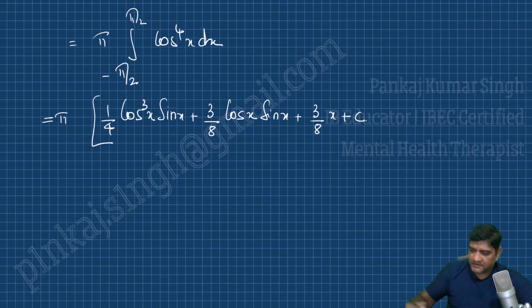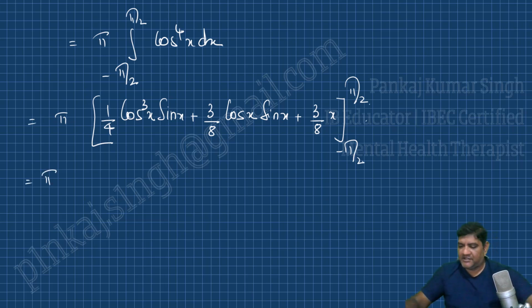Pi multiplied with this, minus pi by 2 to plus pi by 2. I'm going to be a bit smart here. I'm not going to substitute the entire value. What I do know is when I substitute the upper limit, which is pi by 2, cos pi by 2 is going to be 0, so this entire term is going to vanish.